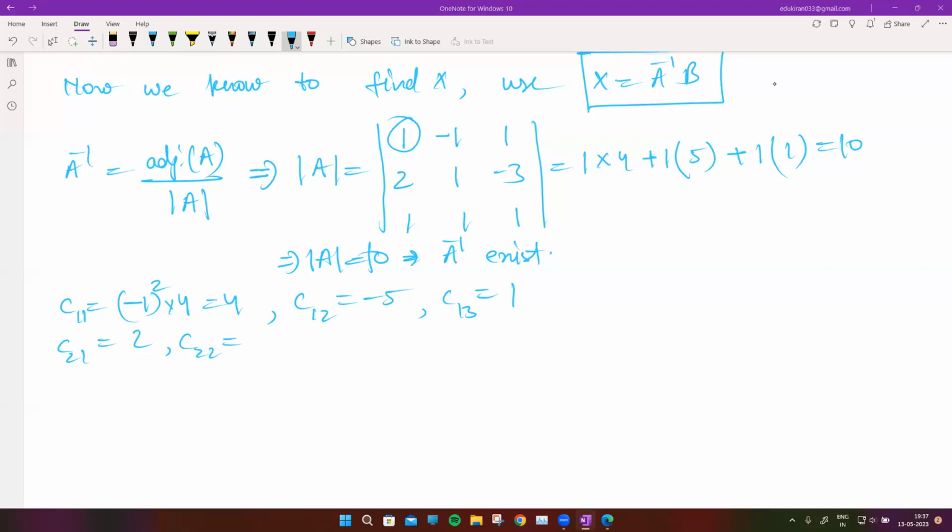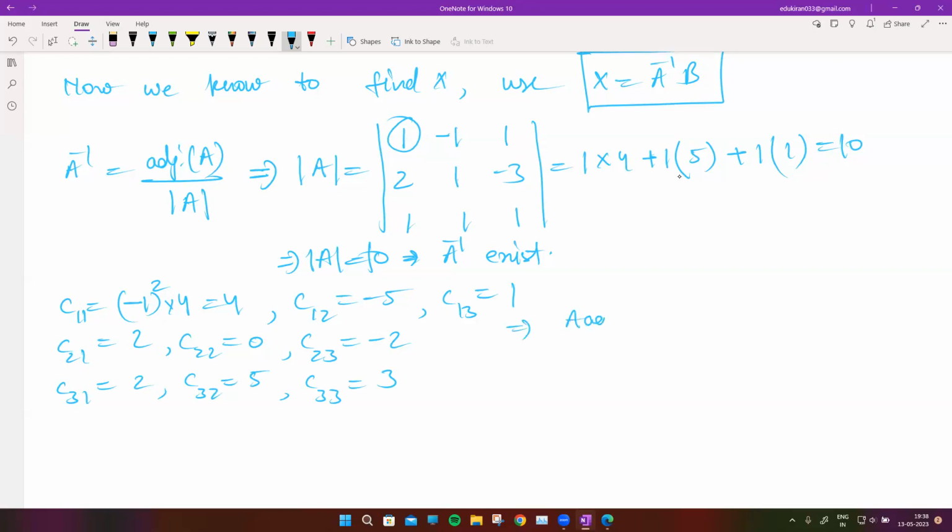So please, everyone check. So these are the cofactors.